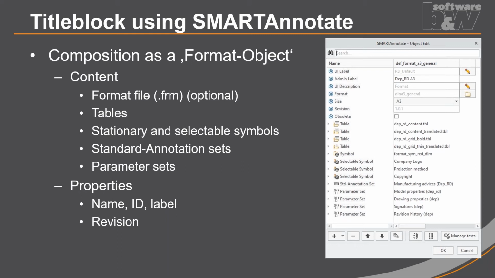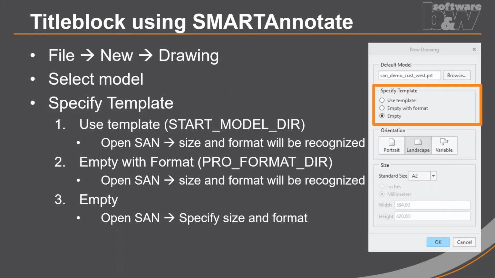In addition, you need some properties for all this, because the user needs to see this and select things. So you need name, ID, label, and of course a revision to get back to all the parts of a drawing. If the user again starts a new drawing, he has to select the model as before, and he can specify the template.